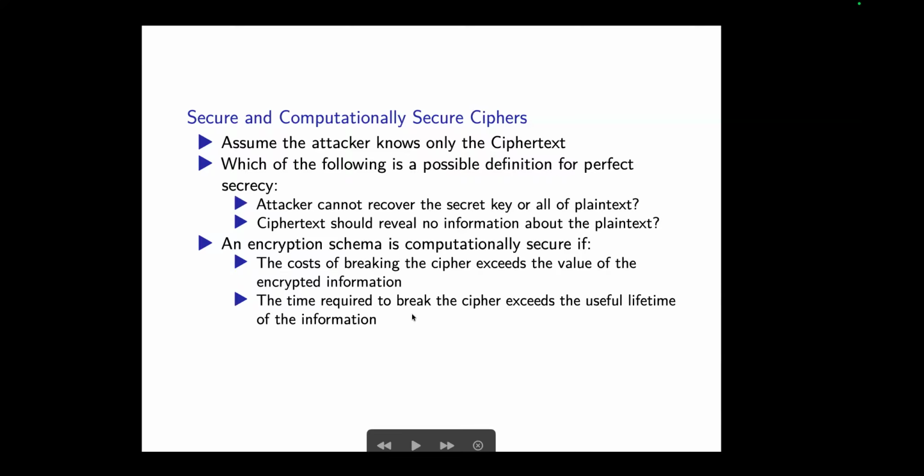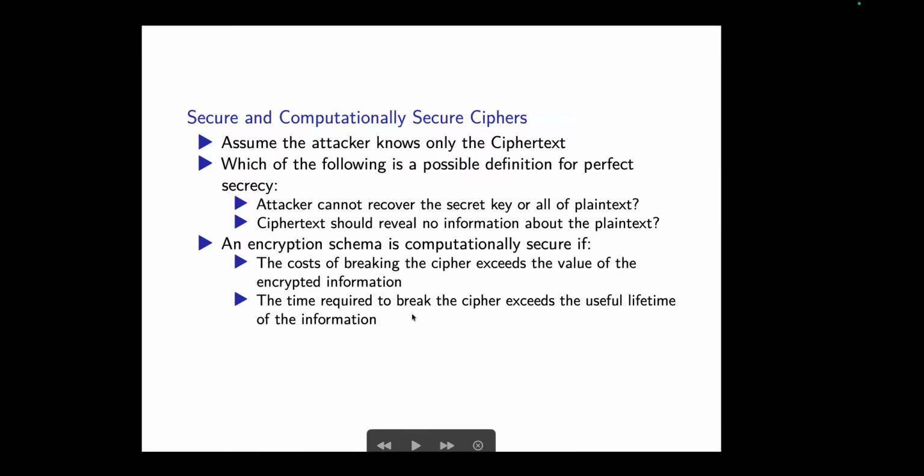So if the attacker cannot recover the secret key or all the plaintext, is it perfect secrecy? Or should the ciphertext reveal no information about the plaintext? So which one is stronger? The second one, yes. The first one says, okay, we have a ciphertext, and by doing the cryptanalysis, we can guess some letters, and then we can fill in the rest.